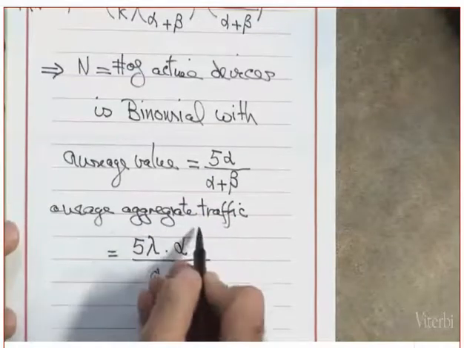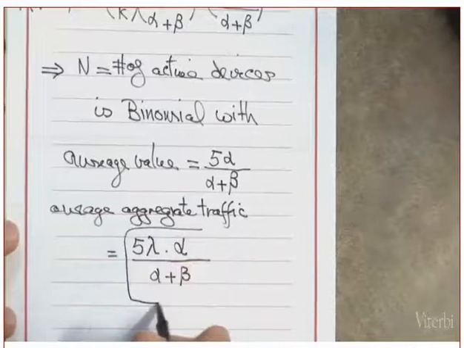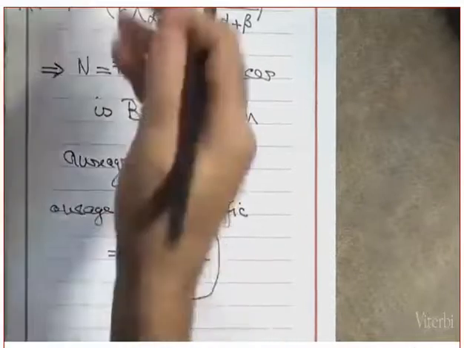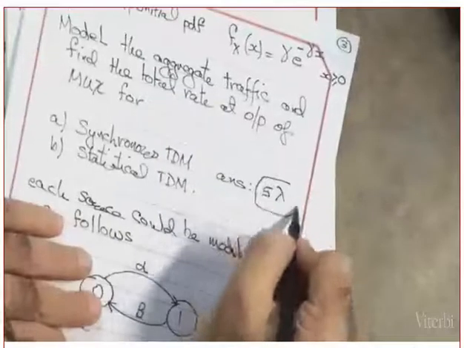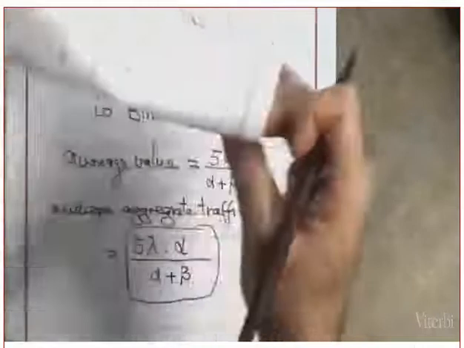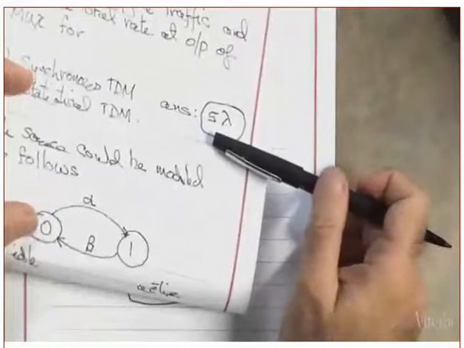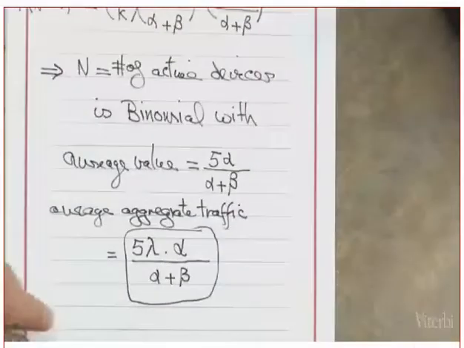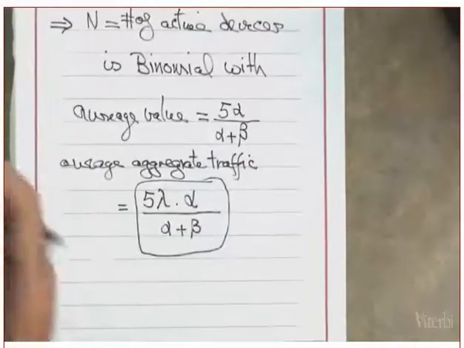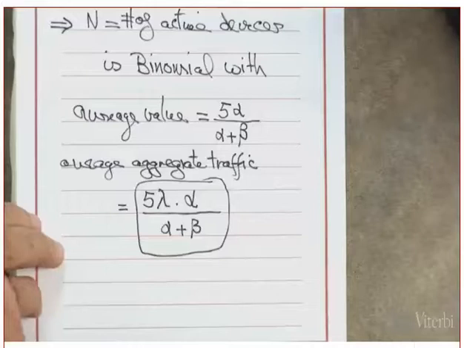Clear? I want you now to compare this with this. Tell me what happens. Which one is larger? This one for the synchronous TDM or for the statistical TDM? Synchronous TDM is larger. Are you following that? Why?